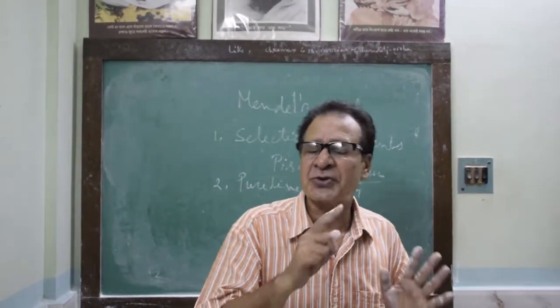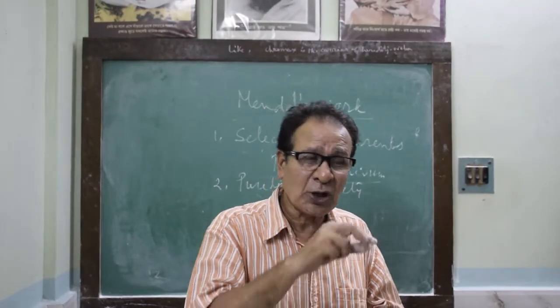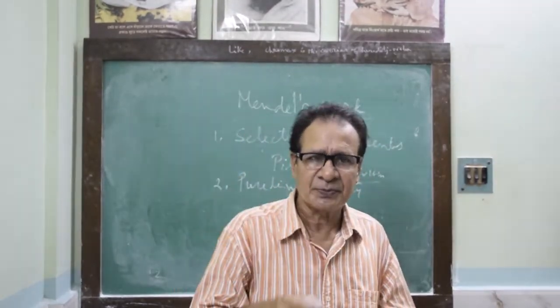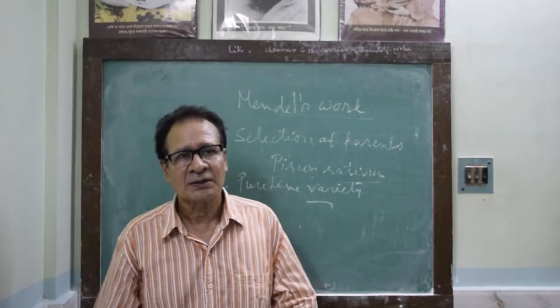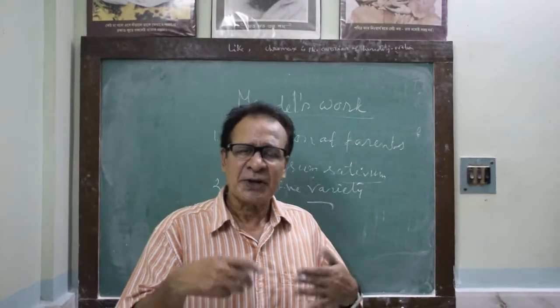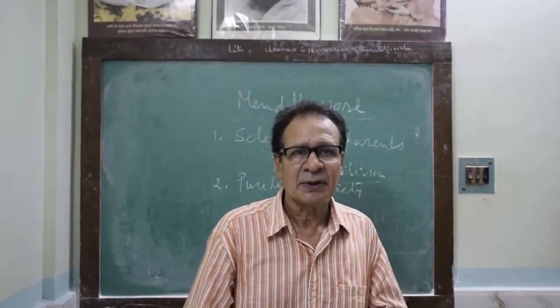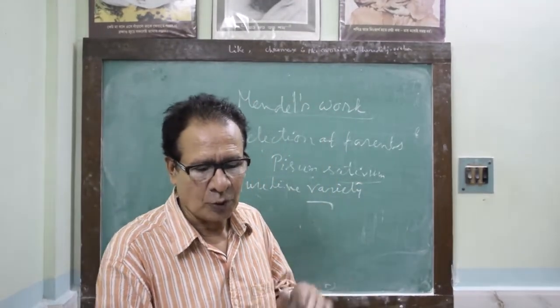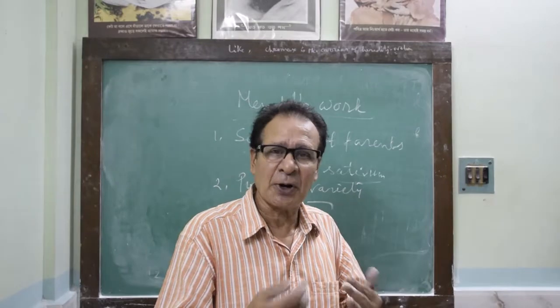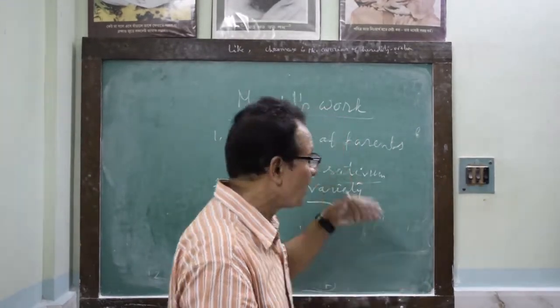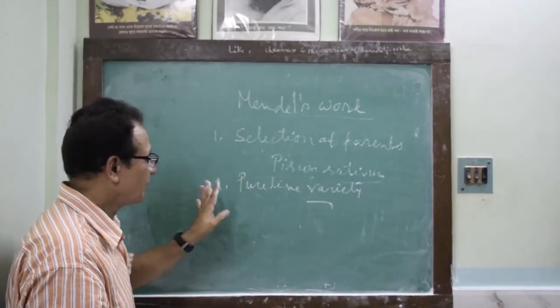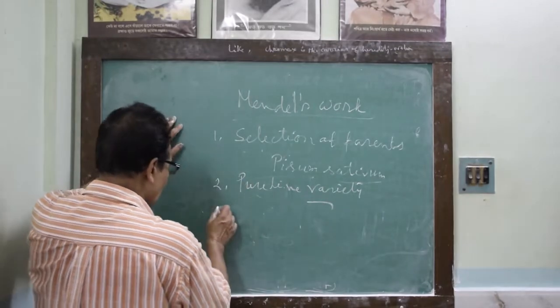He allowed self-pollination among the tall plants for generations. When he observed that tall plants generation after generation produce only tall plants, he became sure it is pure. A similar procedure he did in the case of the dwarf plant. It is the pure line variety.